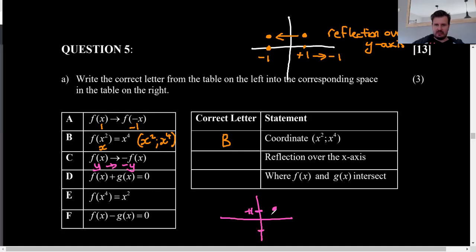If it became a -1, it would go down here, from there to there. So we see that that is a reflection about your x-axis. When your y goes from positive to negative or negative to positive, it's a reflection of the x-axis. So this one would then be C.